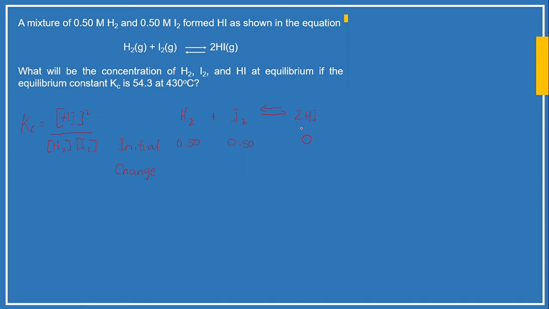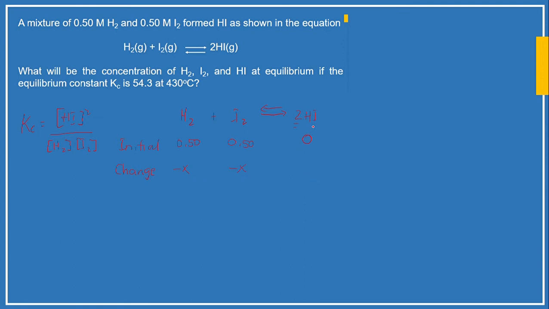And then, magkakaroon tayo ng certain amount of HI with a coefficient of 2. So, dahil hindi natin alam kung ilan yung may babawas sa concentration ng H2 at saka ng I2, we represent that as X. Pero dahil sabi nga natin, mababawasan, then minus. Okay? Same with this one, minus X. Okay? Mababawasan sila ng a value of X. Hindi lang natin alam kung ano yan.